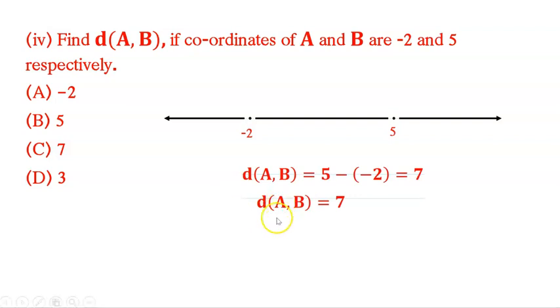Okay. Now the distance AB. While finding distance, we subtract the smaller coordinate from the larger coordinate, that is 5 is greater than -2. Therefore distance AB is equal to 5 minus in bracket -2, minus minus plus. Therefore distance AB is equal to 7, and hence option C is correct here.